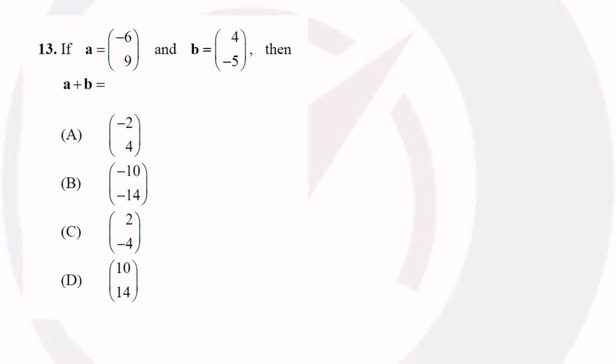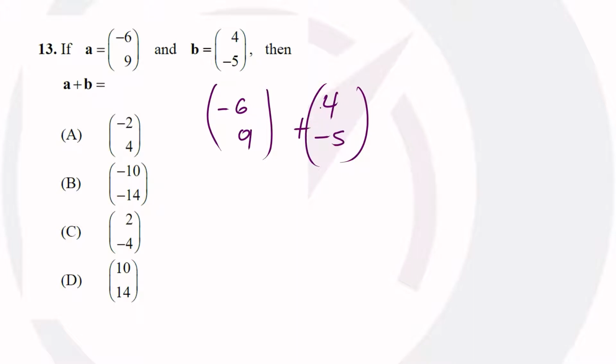But please, adding these two basic vectors, just basic addition and subtraction from grade 1 and grade 2, don't mix it up. So we have A plus B. A is negative 6, 9, and B is 4, negative 5. Now we're going to add our x values and x values to give us our x value.